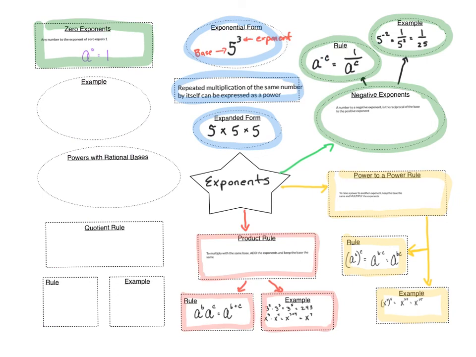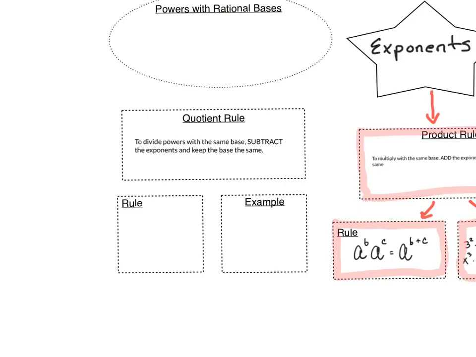So as we talk about the stuff that we have done, we continue on with our quotient rule. The quotient rule is when we divide powers with the same base, subtract the exponents and keep the base the same.